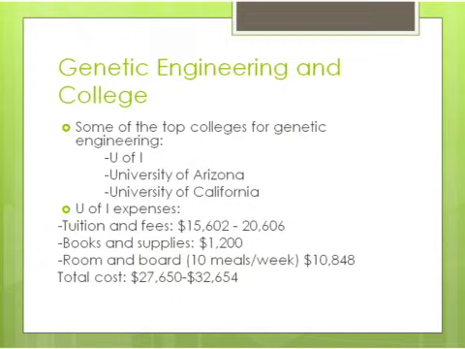Looking at that specifically, the tuition and fees are $15,000 to $20,000, and books and supplies are $1,200. Room and board is $10,000, and the total cost, depending on various expenses, for in-state tuition would be $27,000 to $32,000, which compared to the other colleges and out-of-state tuition for U of I is much cheaper.